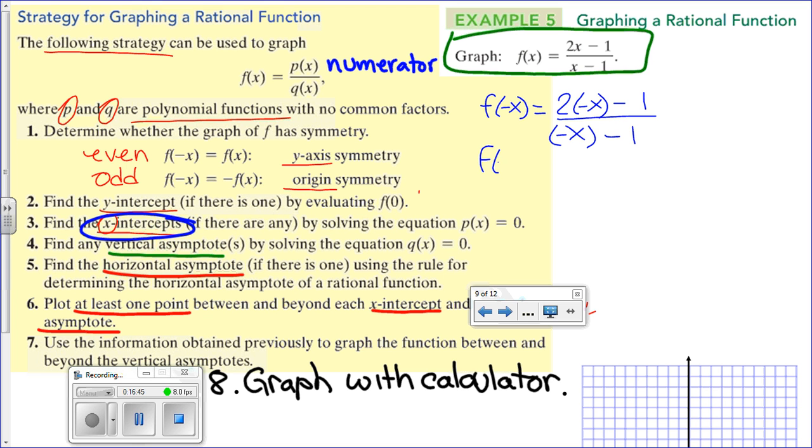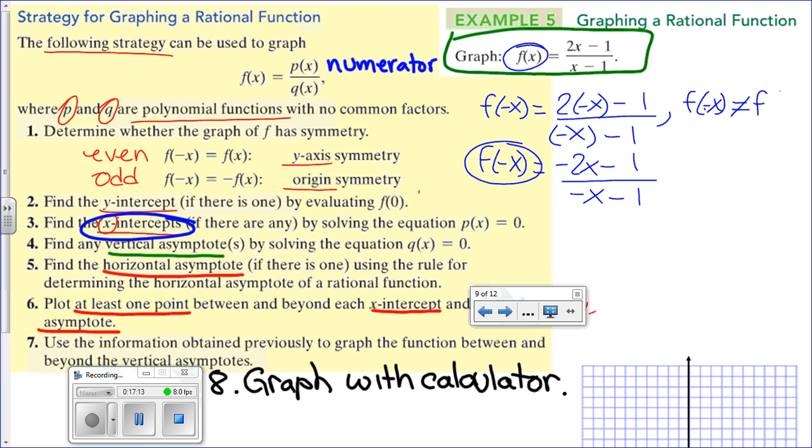And after doing that, I will end up with negative 2x minus 1 over negative x minus 1. And you can see here that if we compare that function to the original function, they are not equal at all. So I guess we could say, is this function even? We will say no, because it's not the same as the original function.